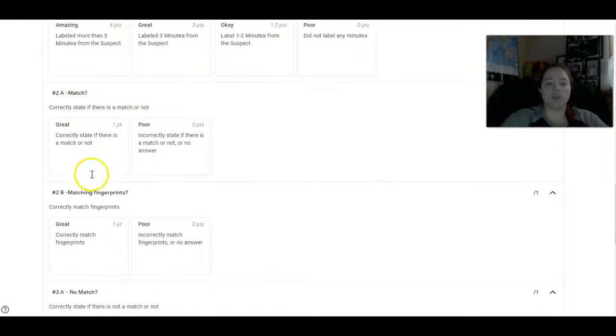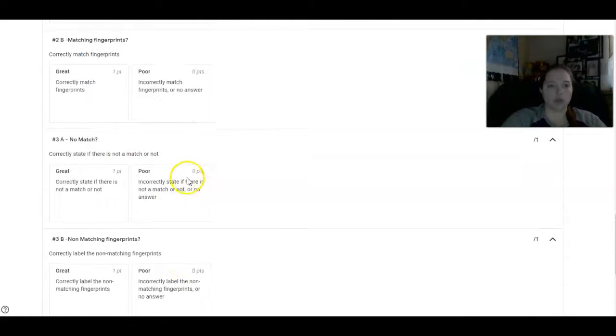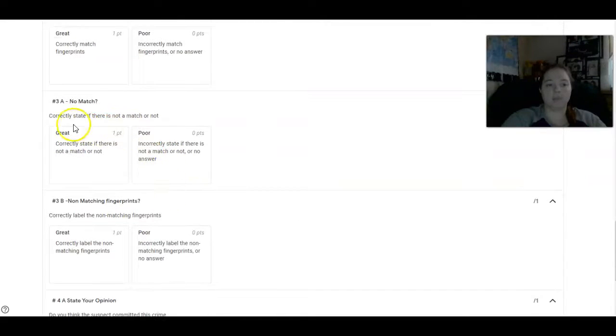Match or not. Number 2, is it a match or not? If you correctly state, there is. If you incorrectly state or don't give me an answer. Match it. If you correctly match or incorrectly match or no answer. Same with number 3. So you got to repeat for number 3A. If there is not a match.